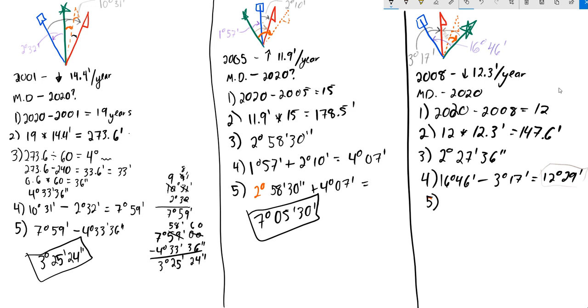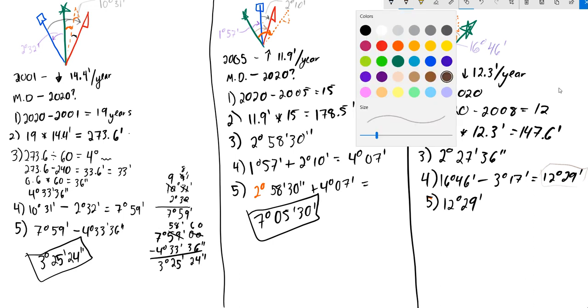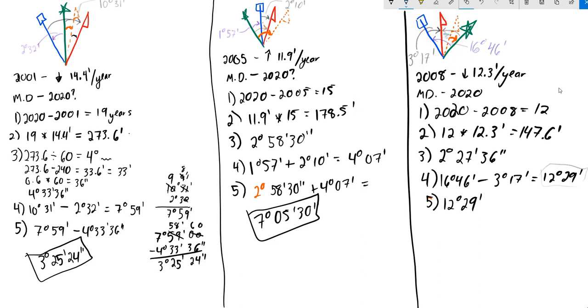So step 5 is we're going to take the 12 degrees, because we're going to start with the larger number. 12 degrees, 29 minutes. Now it says it's decreasing, and let's look at the diagram. So the brown that we had calculated is to there. We have this value in here, which is this 2 degrees. Okay, so let's just do a little legend here, 2 degrees here.